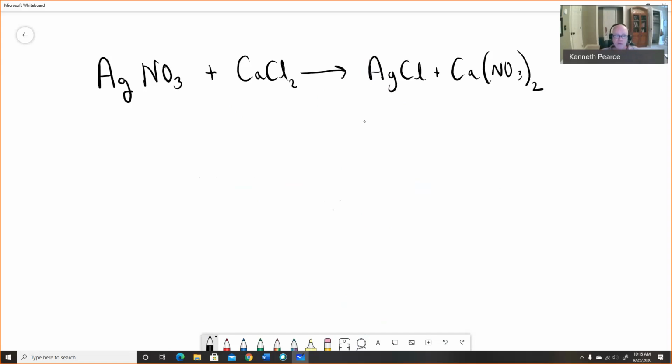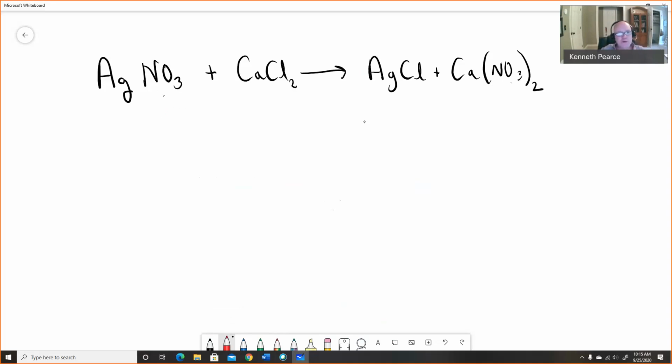Okay? Now, the way you balance equations with polyatomics, in this case we have a nitrate ion, is you don't, for instance, balance the nitrogen and then the other nitrogen and then the oxygens and then the other oxygens. Don't do it that way. What you want to do is focus in on how many of that polyatomic you have.